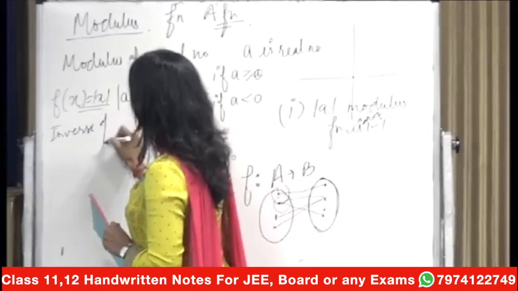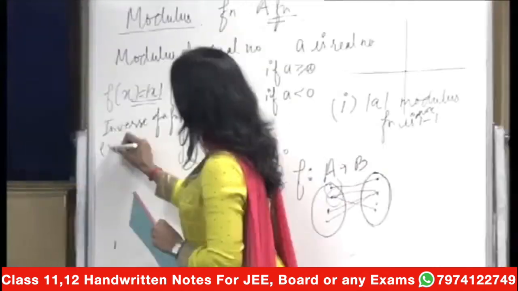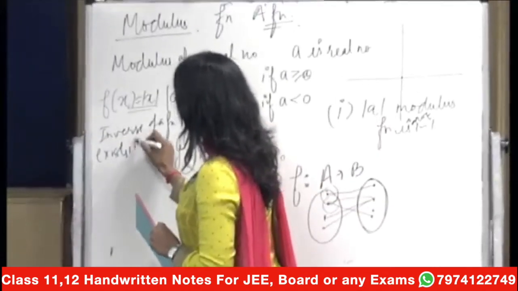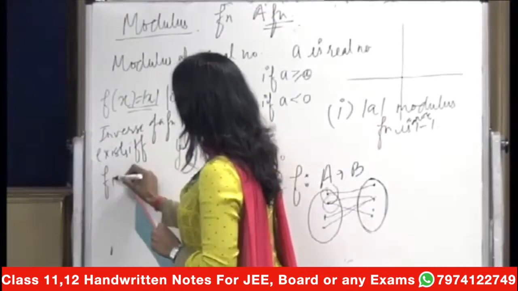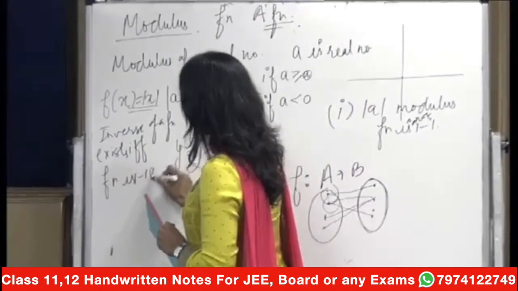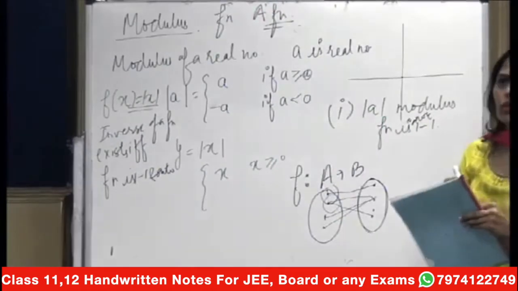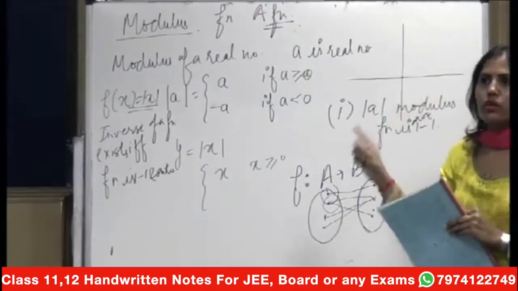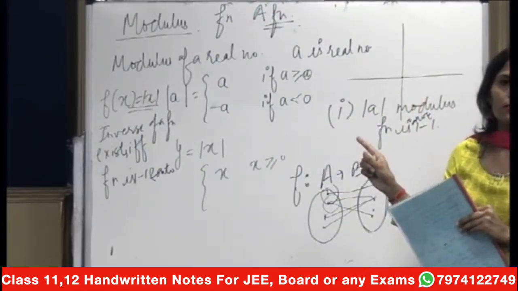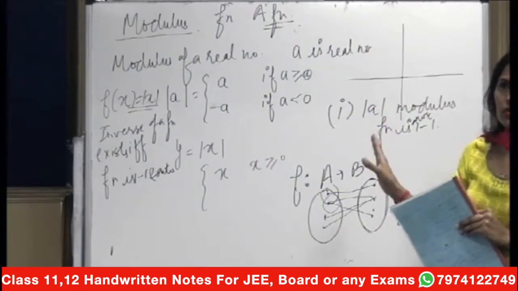Inverse of a function exists if and only if the function is 1-1 and onto. But this function is not 1-1, so the inverse of this function doesn't exist.